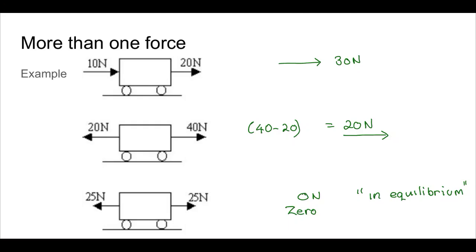It means there's no unbalanced forces acting. And what you should spot straight away is 0 newtons means 0 acceleration, and therefore this thing is going to have a constant speed. It's not going to be changing its speed. All right.